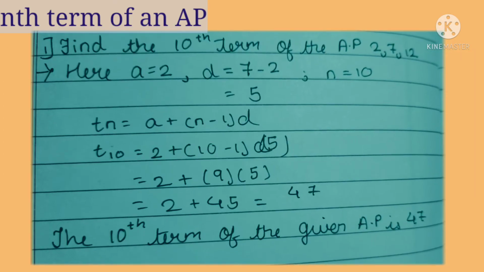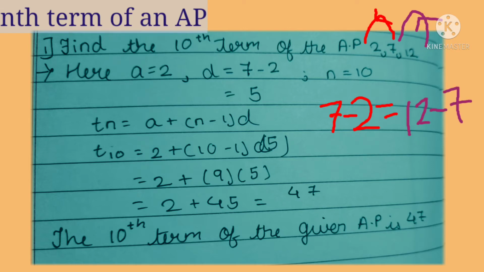Let's start with the question. Find the 10th term of the AP 2, 7, 12, and the list of numbers just goes on. First we need to identify whether it is an AP or not. How to find it? We just subtract the preceding values. So 7 minus 2 and 12 minus 7, we get the same answer. Then it's called an AP. So how to find the 10th term of it?